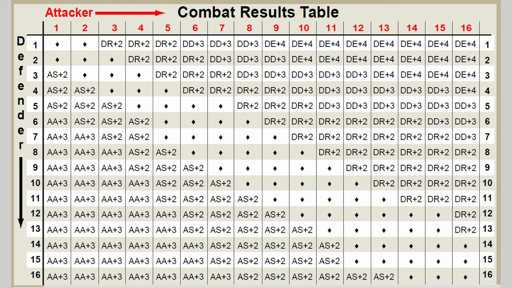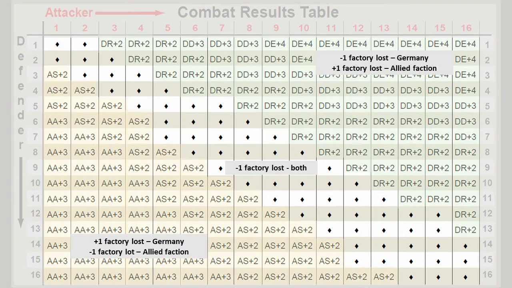This is the combat results table, labelled up as it is affected by strategic warfare. Once the Axis are at war with a faction, they conduct a strategic warfare attack each round at the beginning of the round. First against the Soviets, and then against the Western powers.